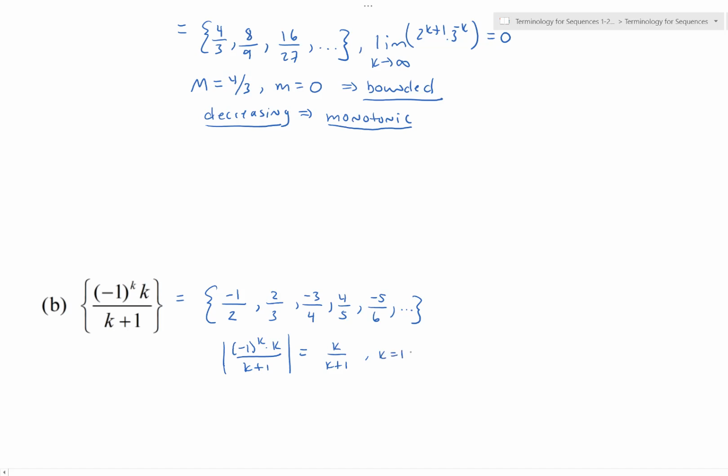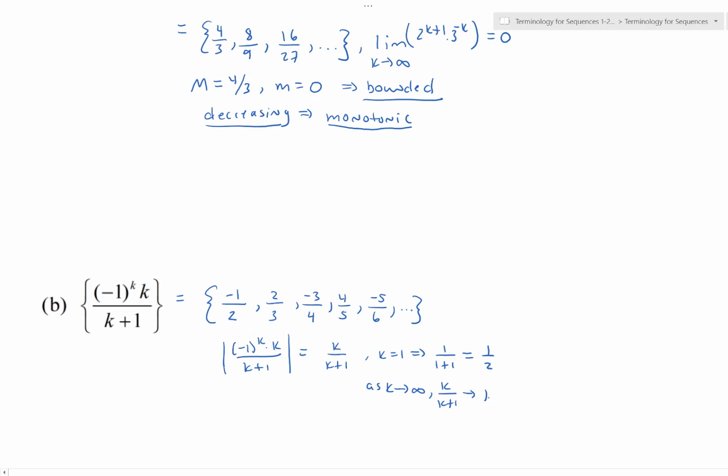So k is 1, you get 1 over 1 plus 1, which is 1/2. And as k goes to infinity, not x, k goes to infinity, we get that k over k plus 1 goes to 1. And then it's just switching signs in between.